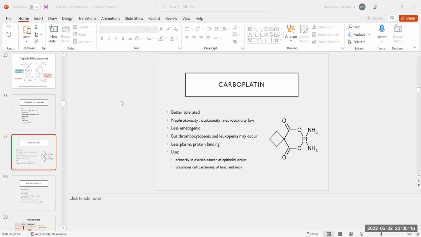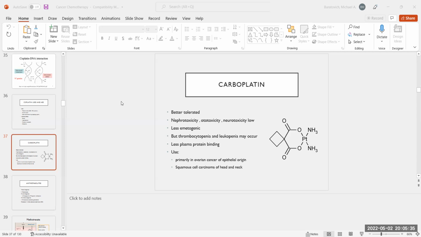These drugs are both eliminated through the kidney, so you're going to have to reduce their dosage. The topoisomerase inhibitors in general are going to be cell cycle specific. That shouldn't surprise you.